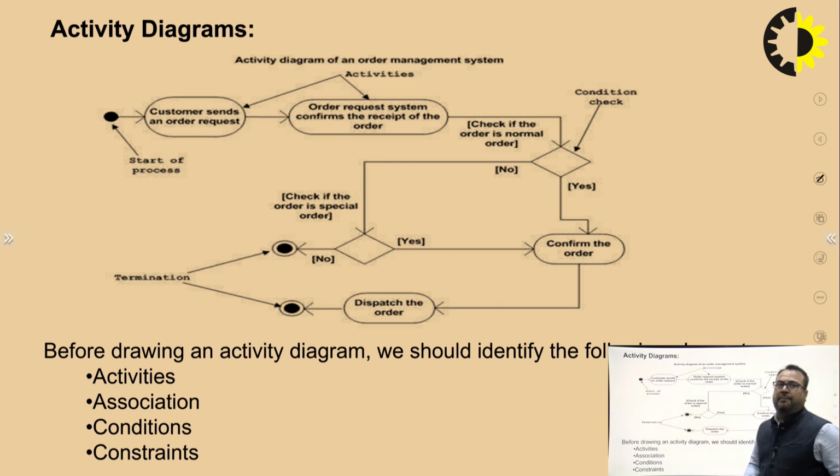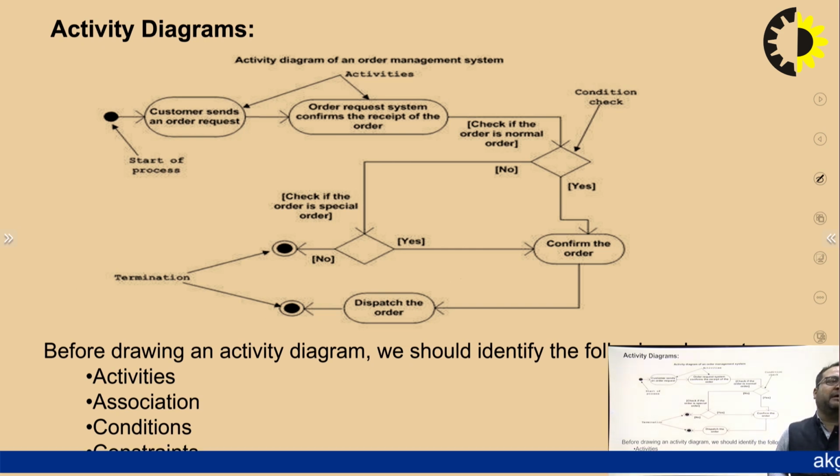In the order management system, we could have an activity like the customer sends an order request. Second activity, the system confirms the receipt of the order or not. Then a condition check, whether it is a normal order or a special order. So this kind of oval and rhombus come together, and this can be made into an activity diagram.